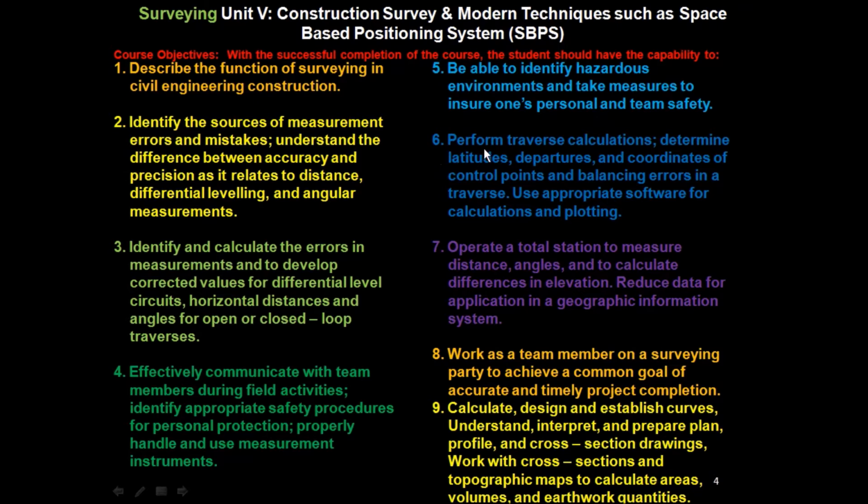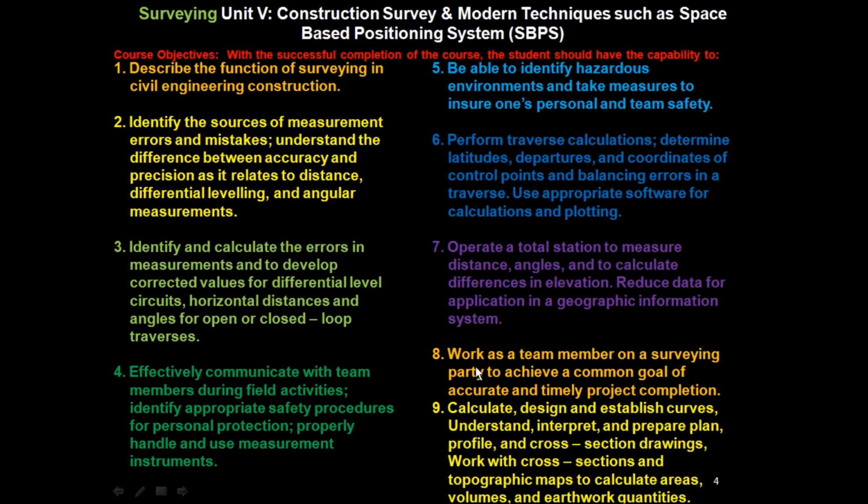Sixth course objective is perform traverse calculation, determine latitudes, departures and coordinates of control points, and balance errors in a traverse. Use appropriate software for calculations and plotting. Seventh course objective is operate a total station to measure distance, angles and to calculate differences in elevation. Reduce data for application in a geographic information system.